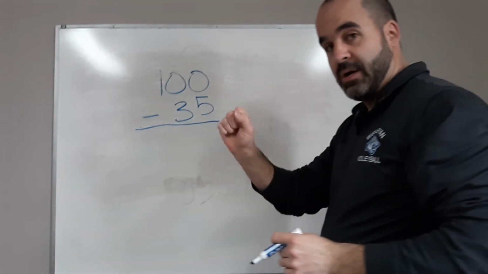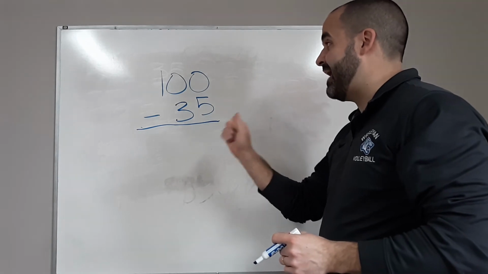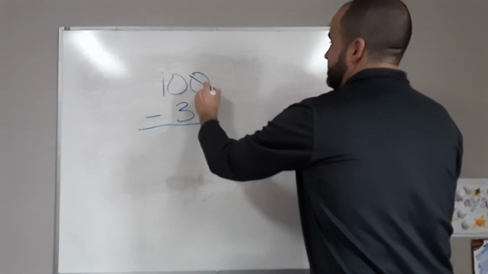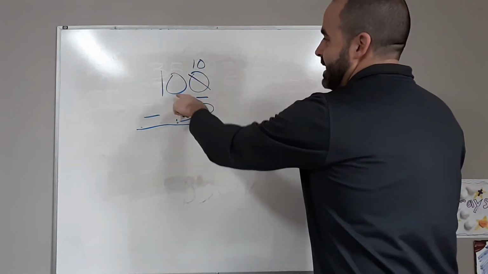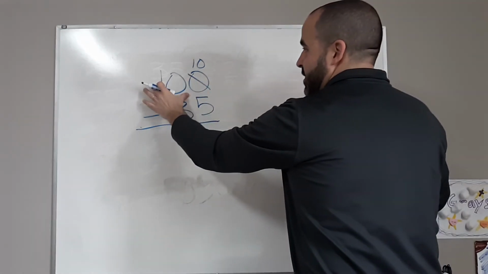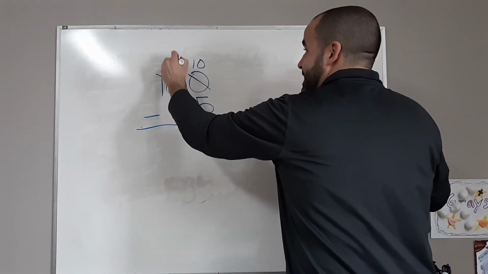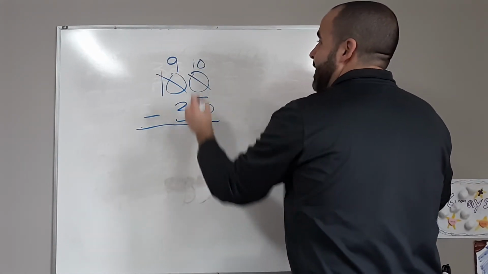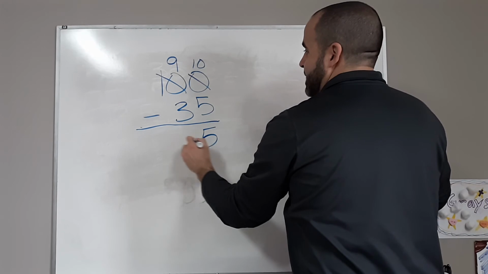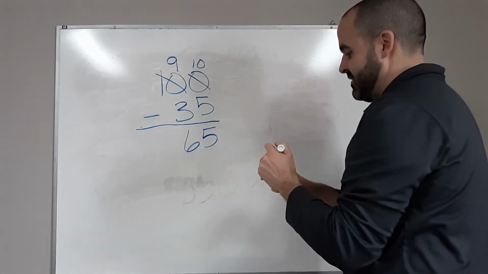If the top number is smaller, then I have to borrow. So 0 becomes 10, but I can't borrow from 0. I have to borrow from 10, right? And 10 becomes 9 tens over here. 10 minus 5 is 5. 9 minus 3 is 6. My answer is 65 on that one.